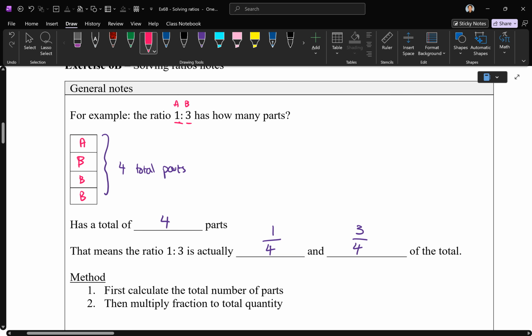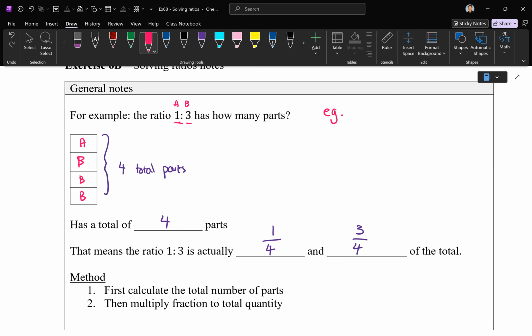Here's an example. If I change this problem so that the total is $50, person A gets a quarter of it, and person B gets 3/4 of it.